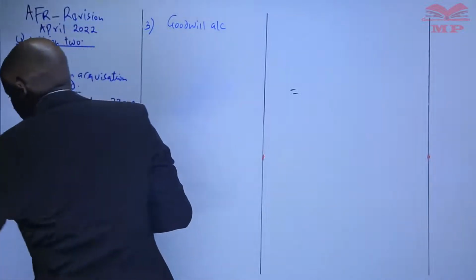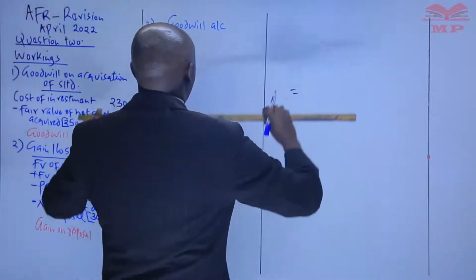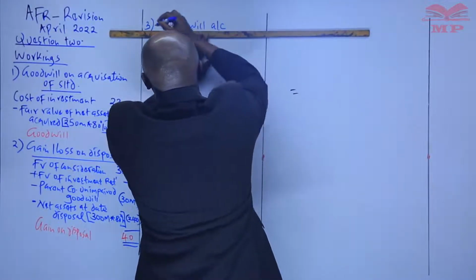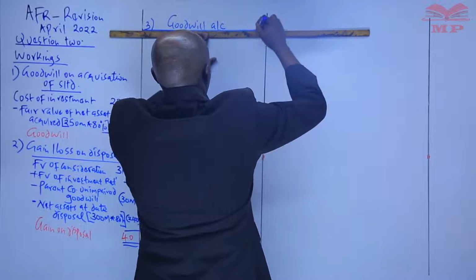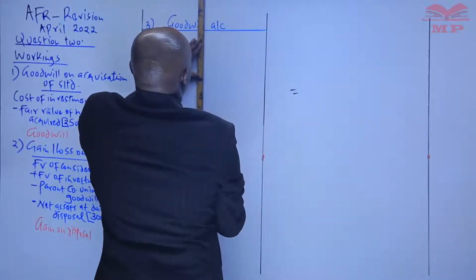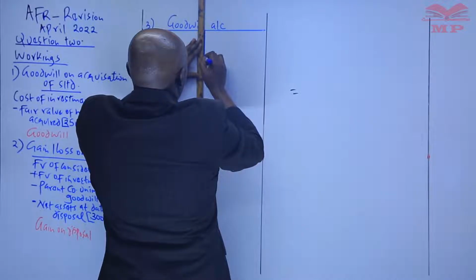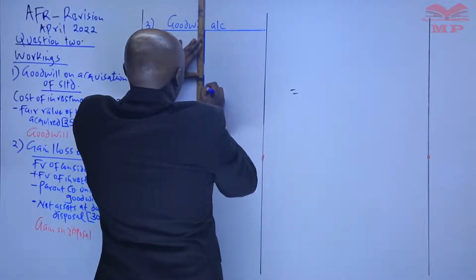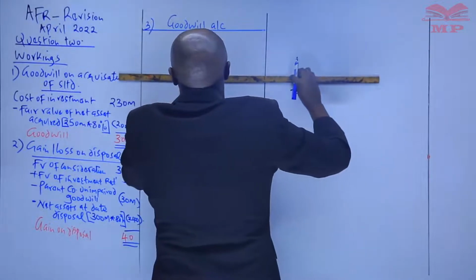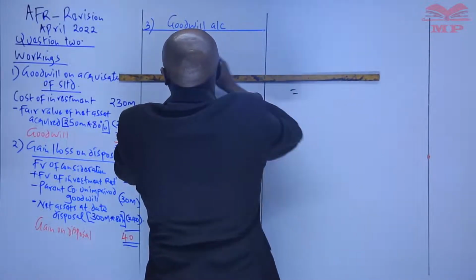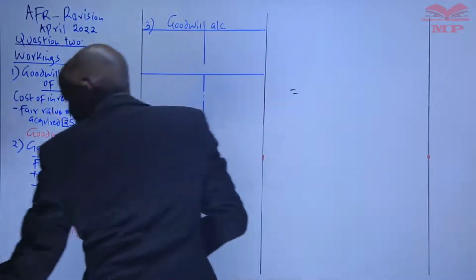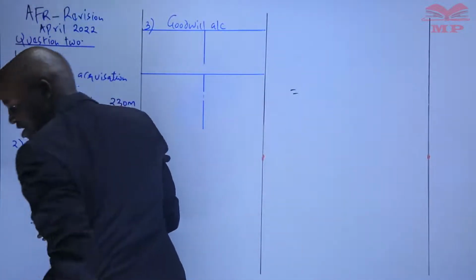This particular account, we prepare it basically to determine the impairment loss on Goodwill. And also we are going to prepare another account here, which is the intangible asset account. So we need to have those two accounts here.